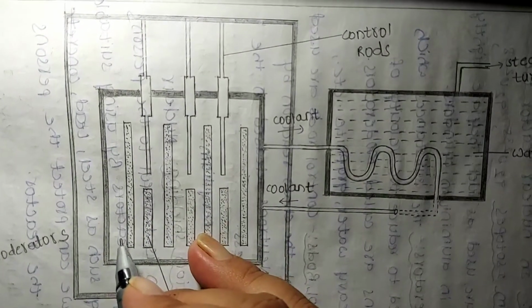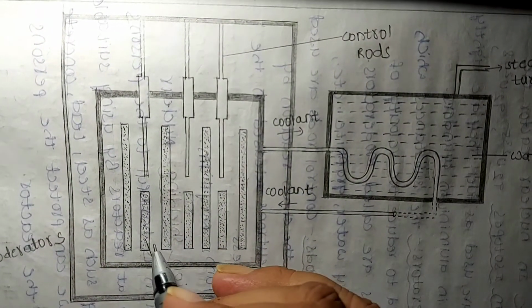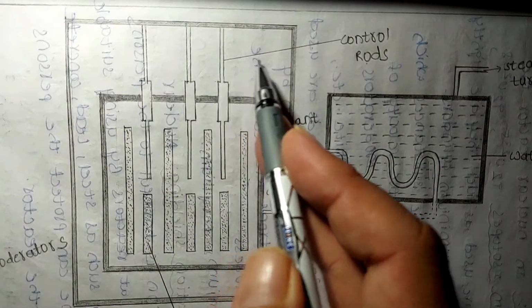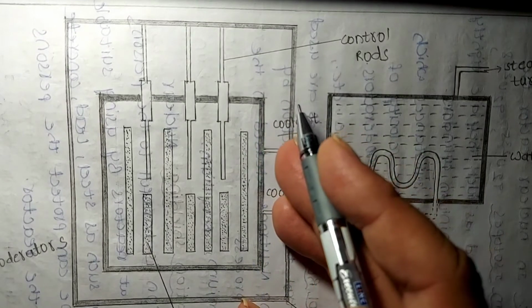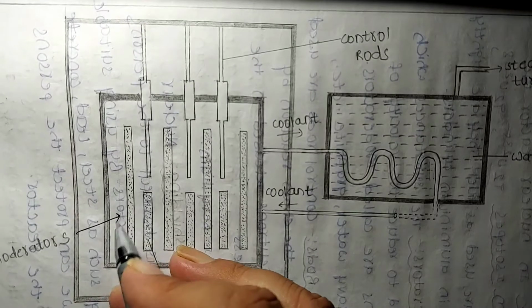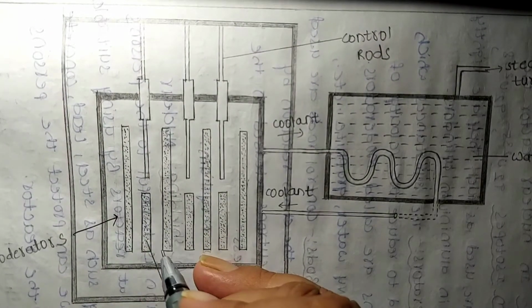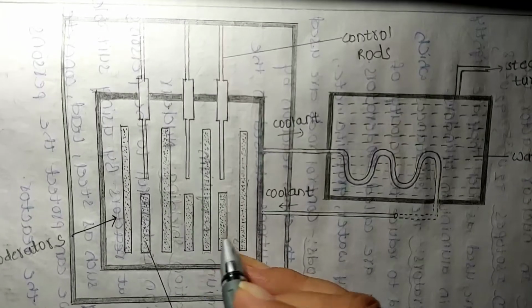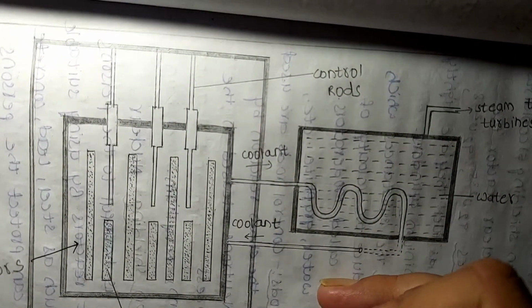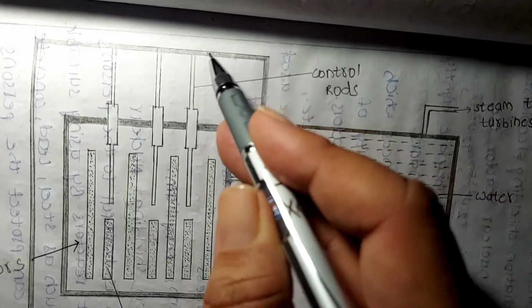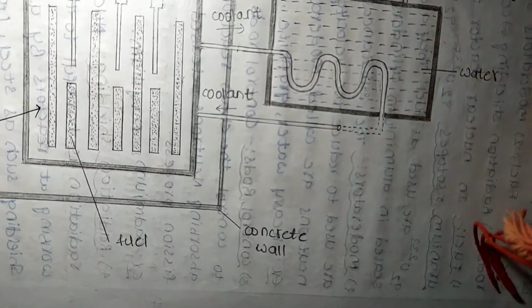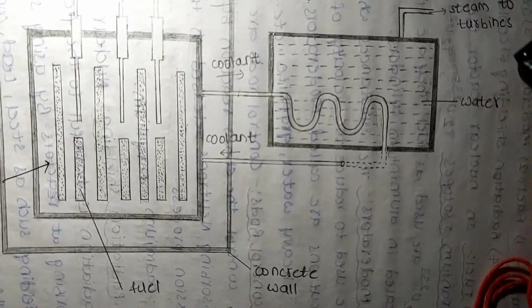These are the fuel, these are the control rods, and these are the moderators. This is water in a tank, and this is the radiation shielding.